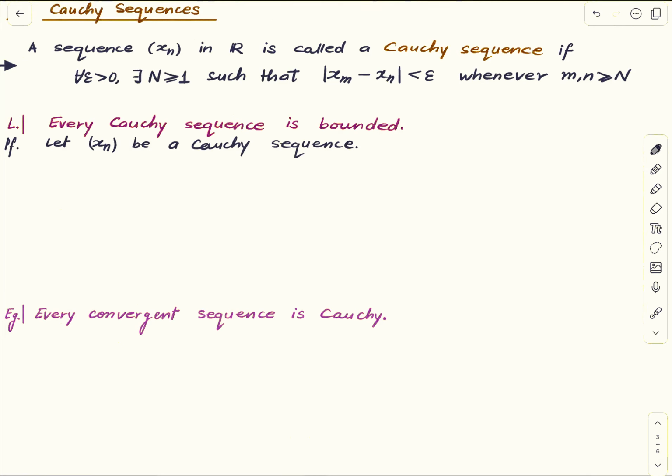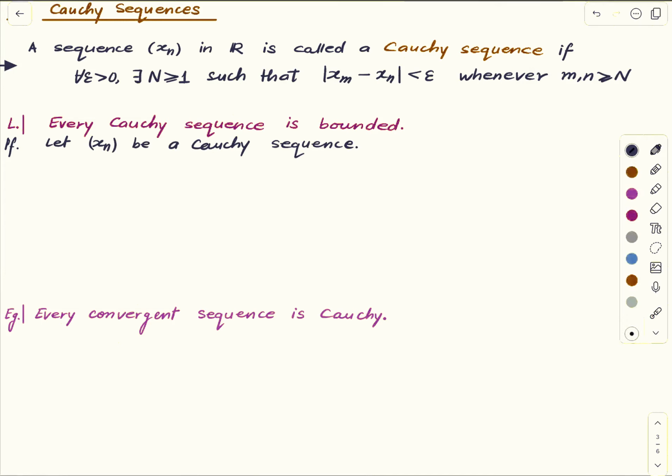Well, beyond a certain point, all the elements of the sequence are within epsilon of each other. So they are kind of controlled beyond a certain point. But before that point, you can just take the maximum of the absolute values of all the elements. And that will serve as a uniform control on the size of every element of the sequence. So that is essentially the proof, but let us write it down in full detail.